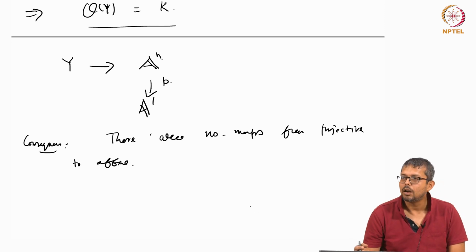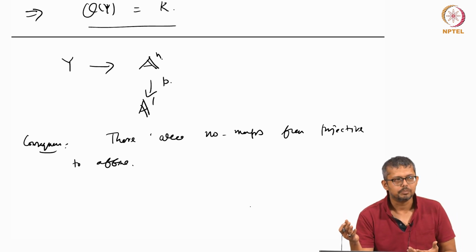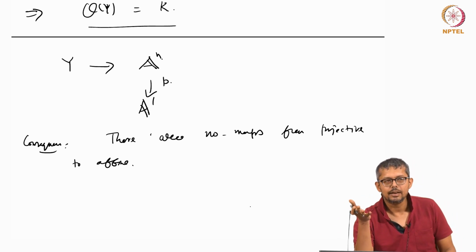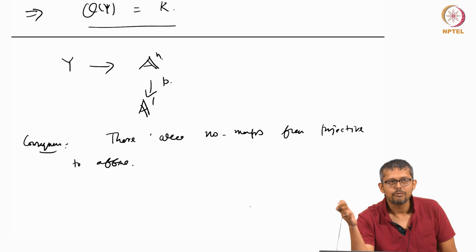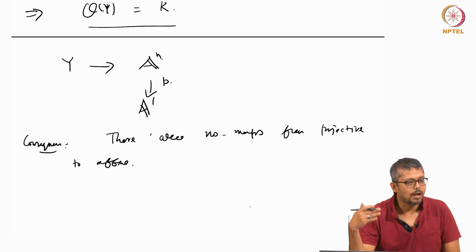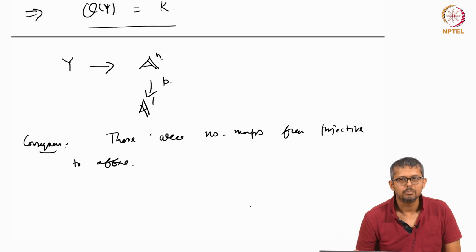But then what about projective to projective? Of course, there are maps from affine to projective, because we saw that U_i, taking the standard x_i not equal to 0, is sitting inside P^n. So there are plenty of maps, but from projective to affine there are no maps. Now you can ask what about projective to projective maps?